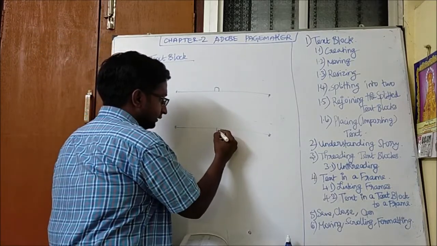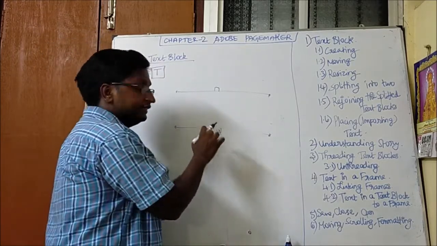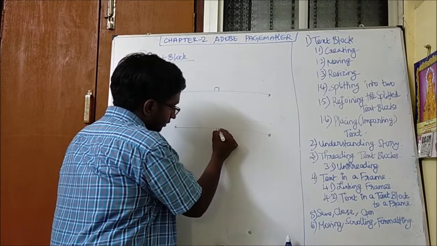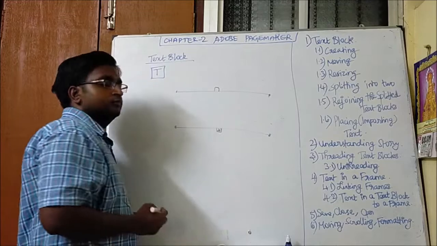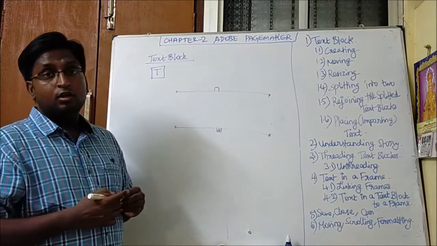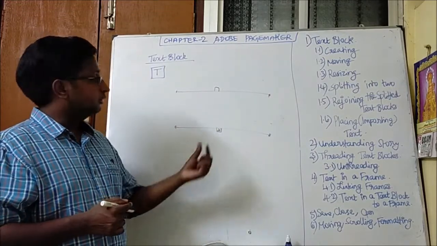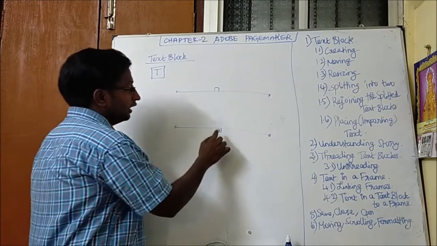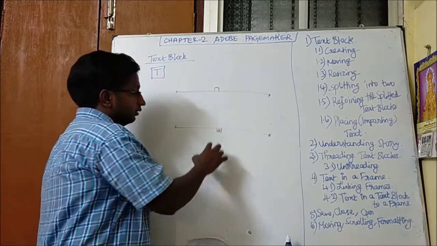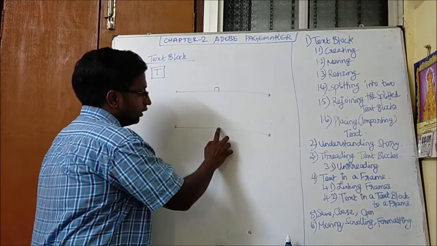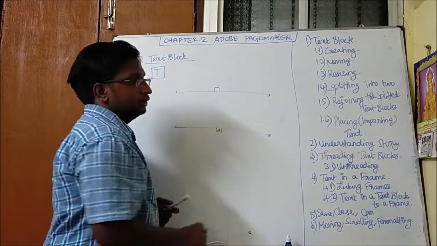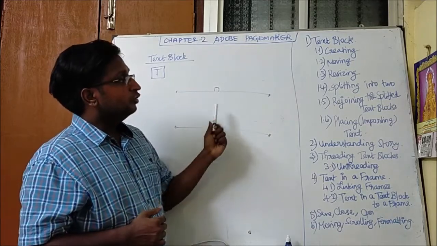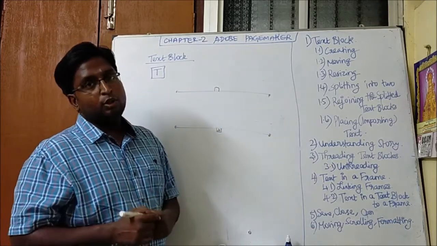When you click this, a small red color triangle will be there inside that small cap. So you have to click that triangle again and drag to split the text block. So this is how we split the text block.